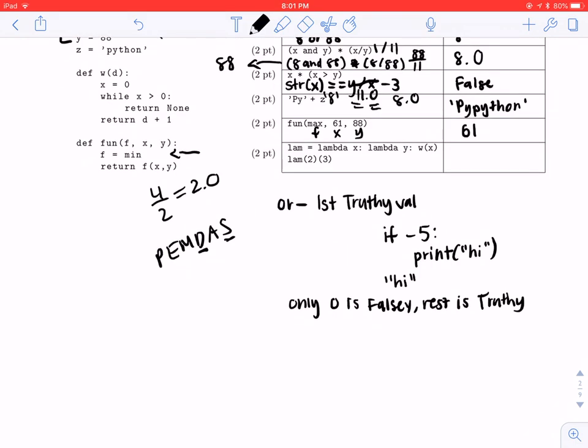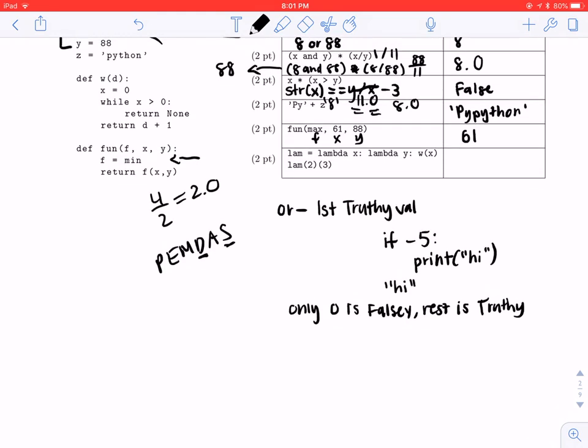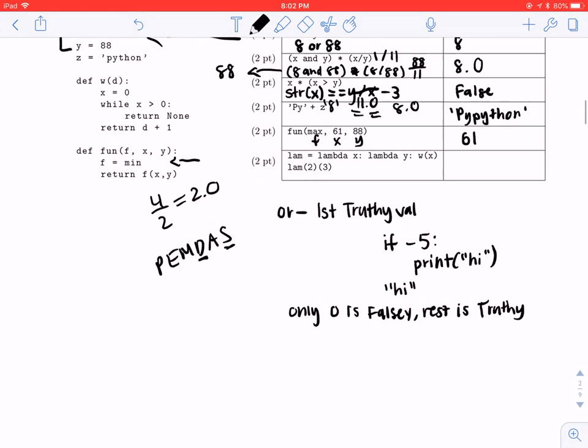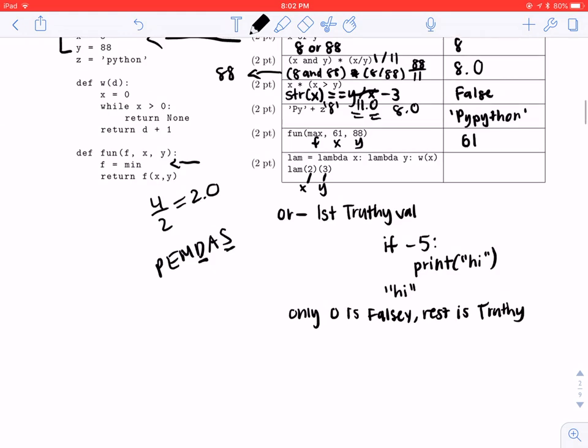Okay, for the next one we have a nested lambda function. The first lambda takes in x, the second one takes in y, and altogether it returns w of x. First we have 2 as our x and 3 as our y. Now we have to figure out what w of x is, which is w of 2.